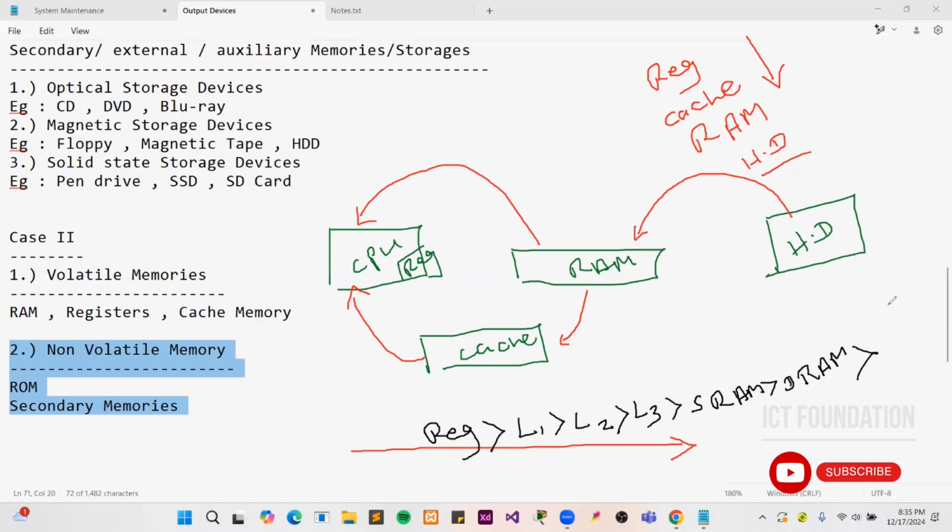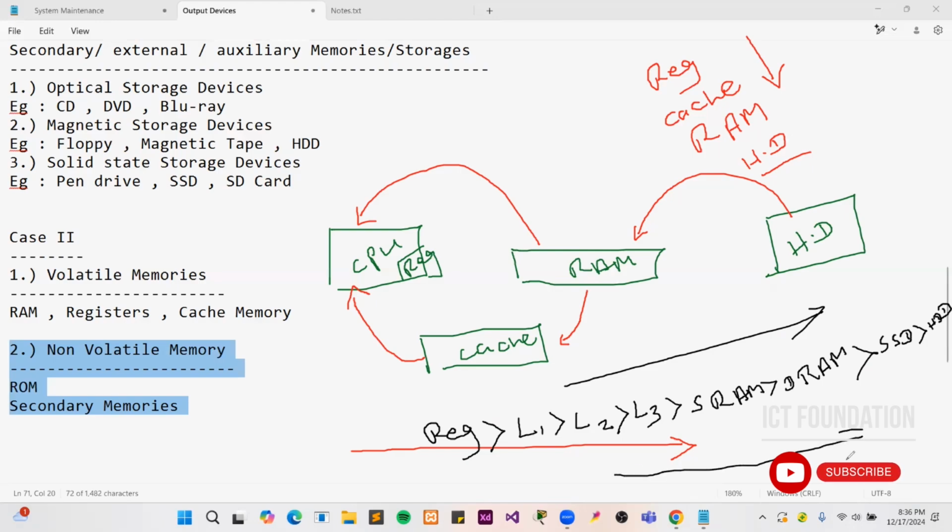After that, the hard disk: there are 2 types, SSD, solid state drive, and after the SSD, HDD. In this order the speed is reduced: register, L1 cache, L2 cache, L3, SRAM, DRAM, SSD, HDD.